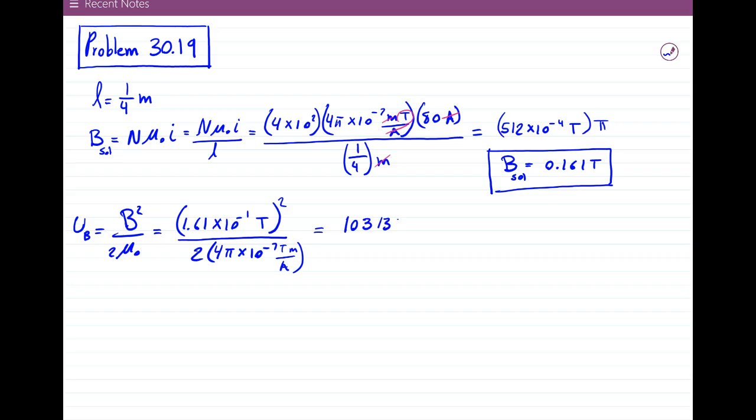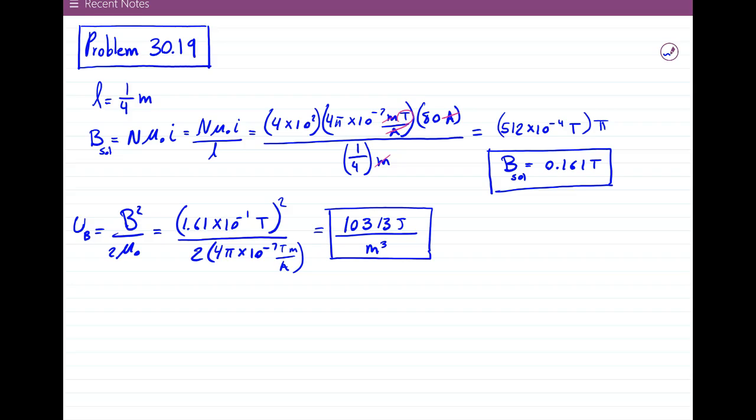Part C is the energy stored in the magnetic field. Here I just found the energy density in the magnetic field, so I found part B. Part C is the energy stored. Okay, the energy stored, big U sub B is equal to, what is that, 1/2 L I squared?